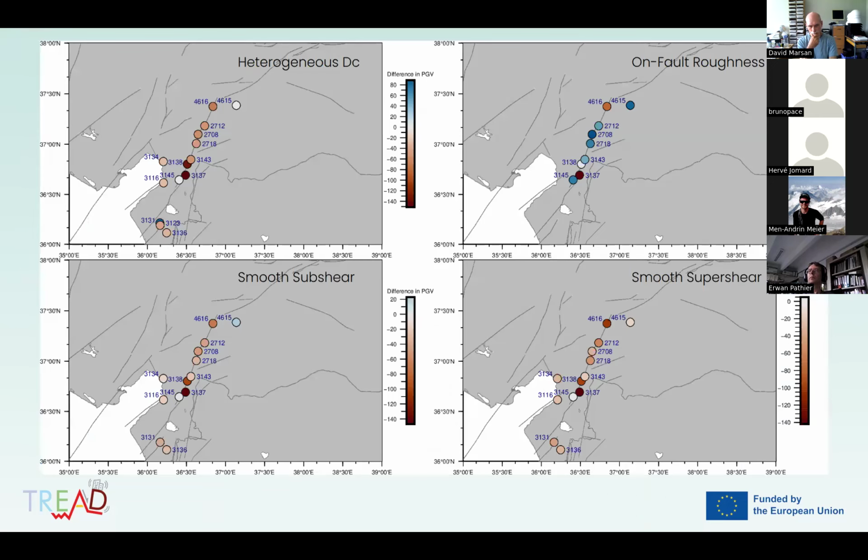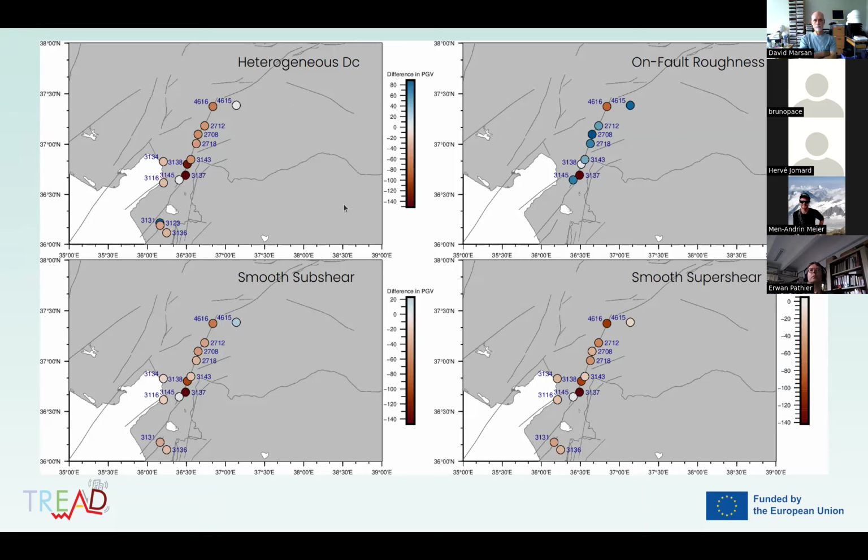And then I also try to plot these differences in a different way visually on the maps. So this is the differences in PGV for the heterogeneous DC, for on-fault roughness, the smooth and the super shear simulations. When the colors are closer to white, that's where there's little difference.